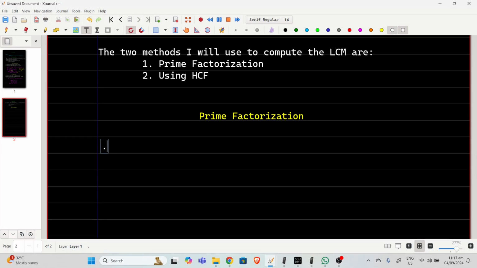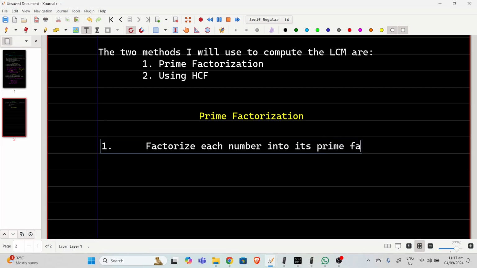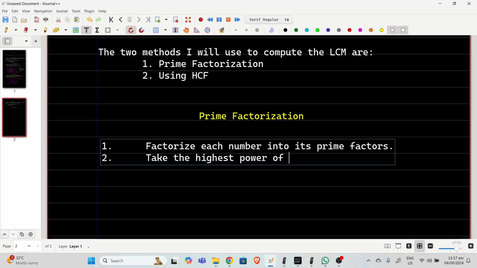We have a few steps that we have to follow to get the prime factorization done. First, factorize each number into its prime factors. The second thing is that you're required to take the highest power of each prime factor.